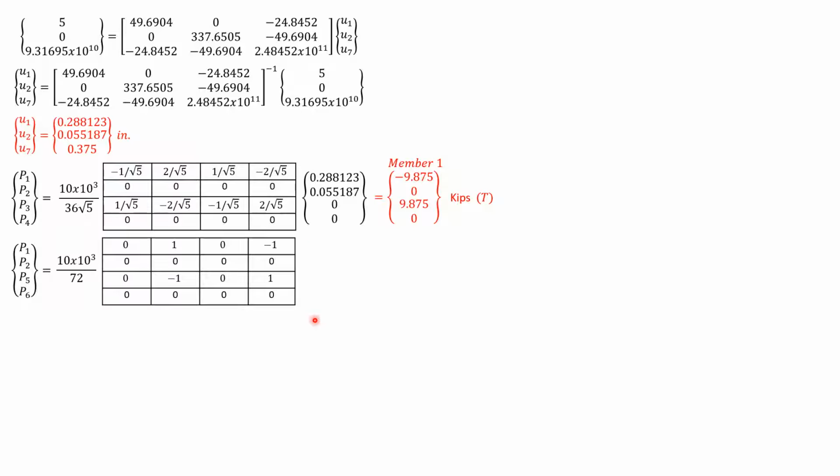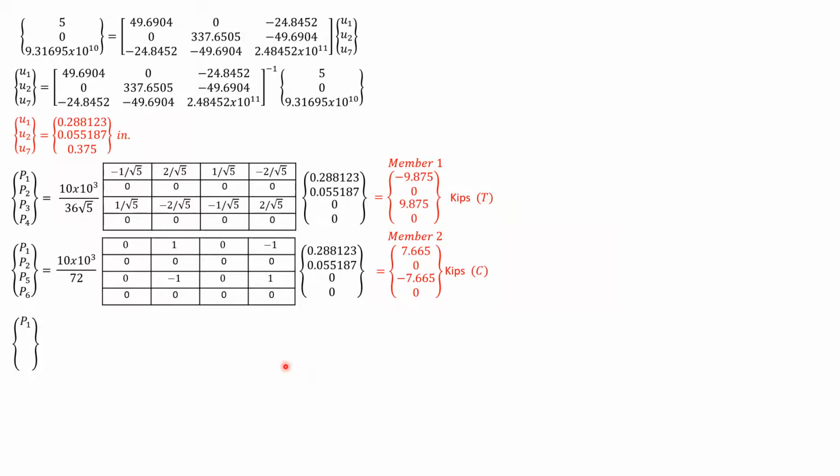Multiplied by the stiffness by displacement 0.288123, 0.055187, then 0, 0. So we only have this value, 1 times 0.055187 times 10 to the third over 72. So negative 7.6650. It keeps compression because the second value is negative.